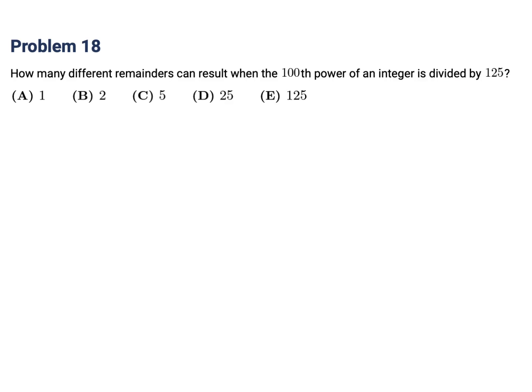How many different remainders can result when the 100th power of an integer is divided by 125? Okay. So we have some integer to the 100th power, and it's divided by 125. Now, n we have no idea what it is, but 125 we know is 5 to the power of 3.